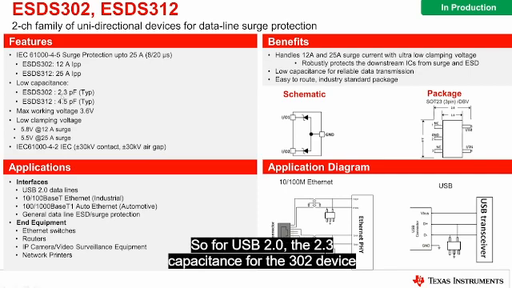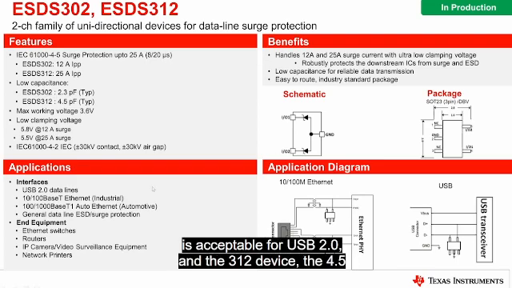For USB 2.0, the 2.3 picofarad capacitance for the 302 device is acceptable, and the 312 device, at 4.5 picofarad, is acceptable for gigabit Ethernet applications because the gigabit is split up between the pairs of wires.